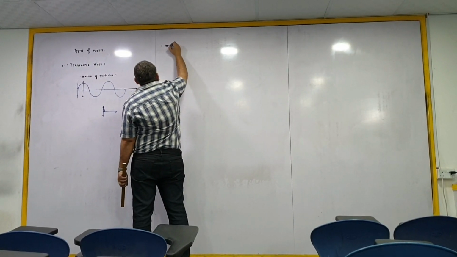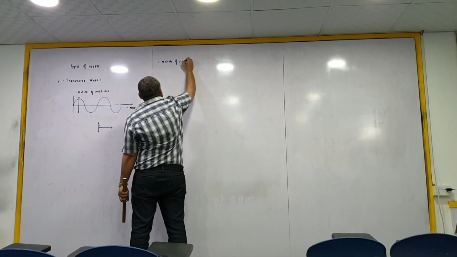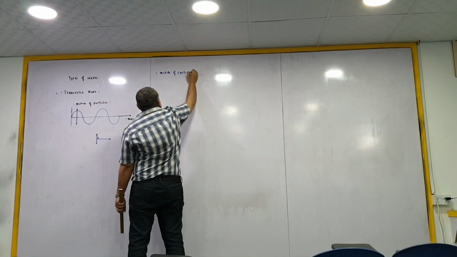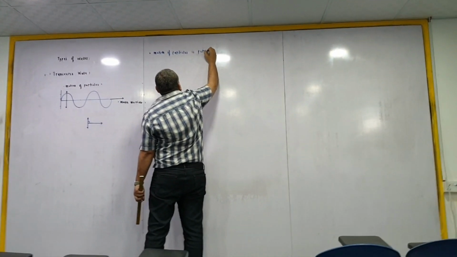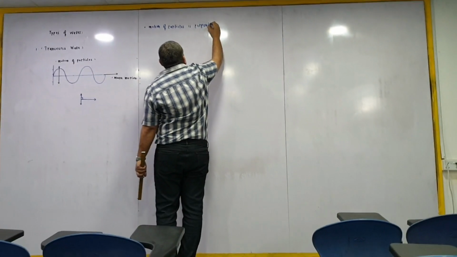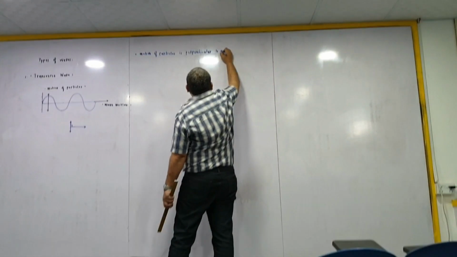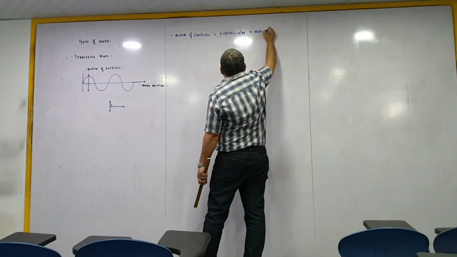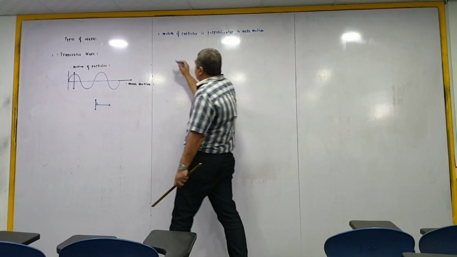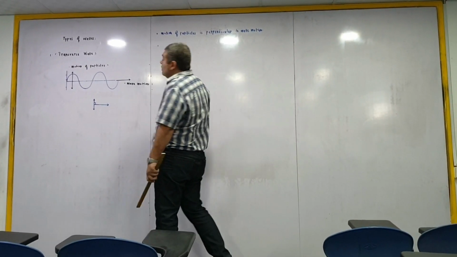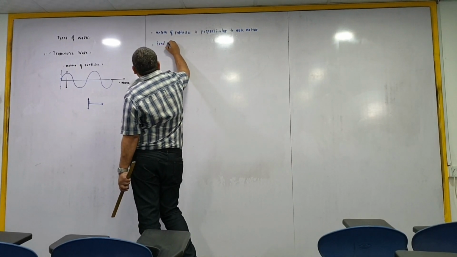The motion of particles is perpendicular to what? To the wave motion. Right? And what wave motion is, you all know. Second point, these waves do not require a medium for their propagation.